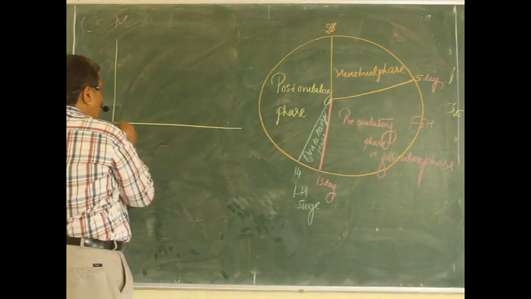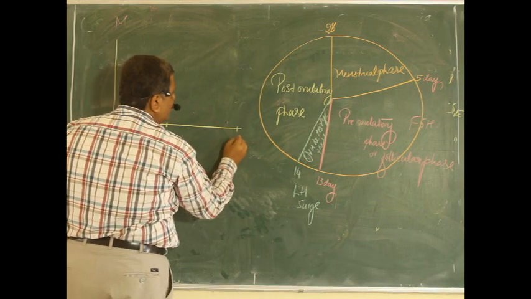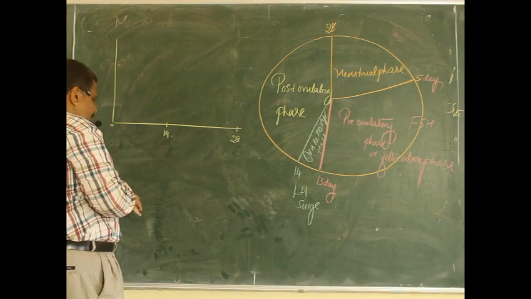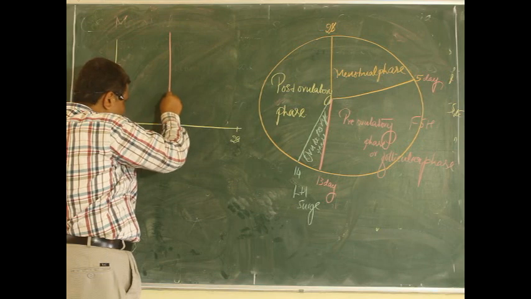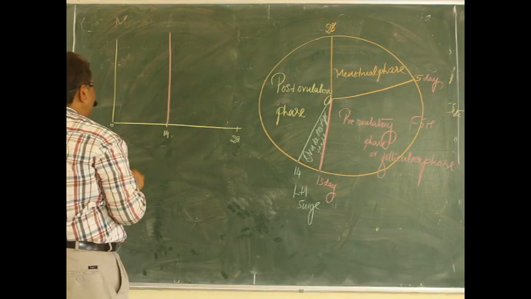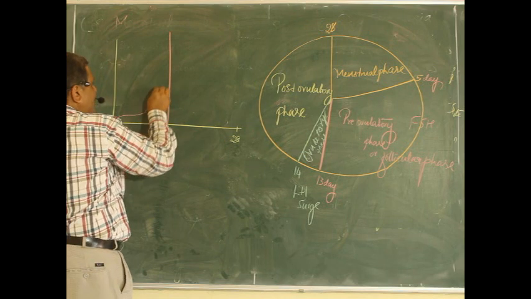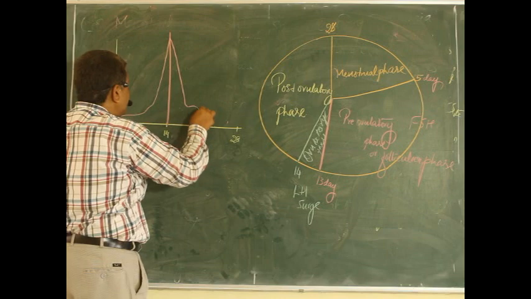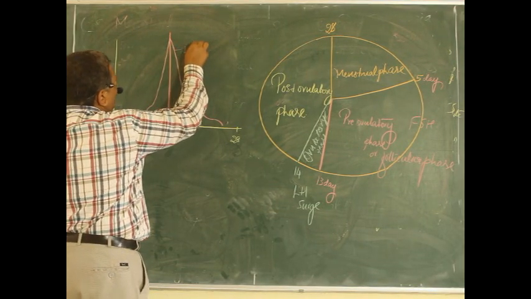So this is day 0, the 14th day, and this is the 28th day. In the middle of the menstrual cycle, on the 14th day, the hormone LH, luteinizing hormone, will go to a peak, and that is called the LH surge.